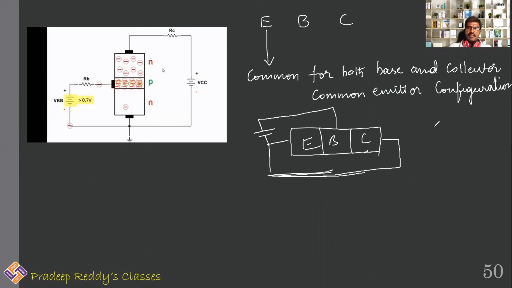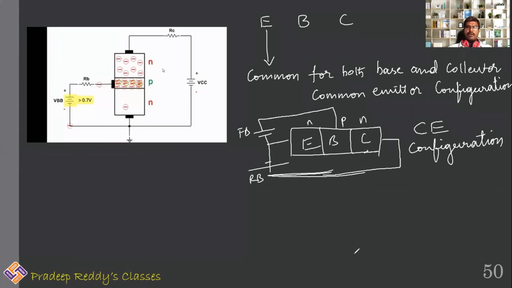This is the CE configuration. CE configuration stands for common emitter configuration. The emitter is common for both base and collector. It can be connected in either forward bias or reverse bias. This is forward bias and this is reverse bias, and it is an NPN transistor. This is the common emitter configuration.